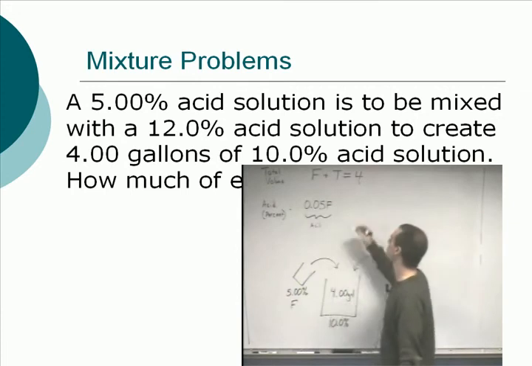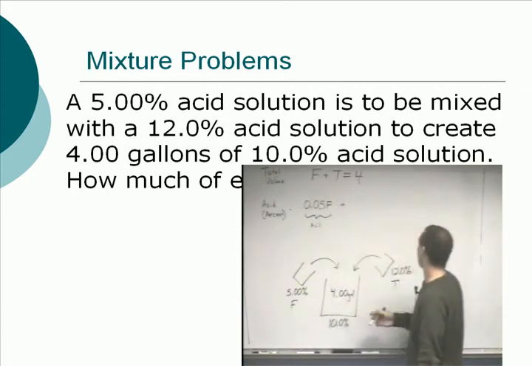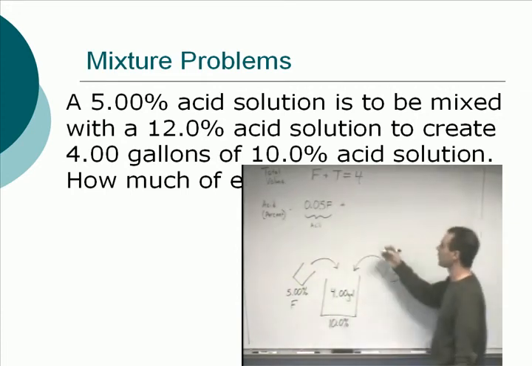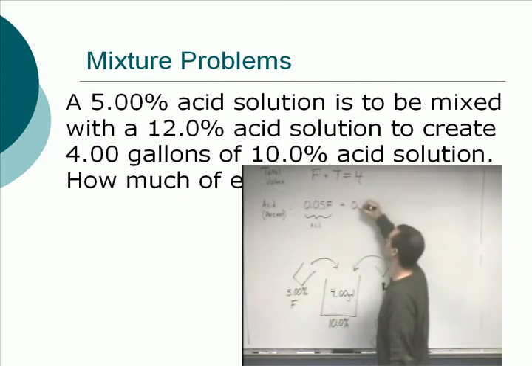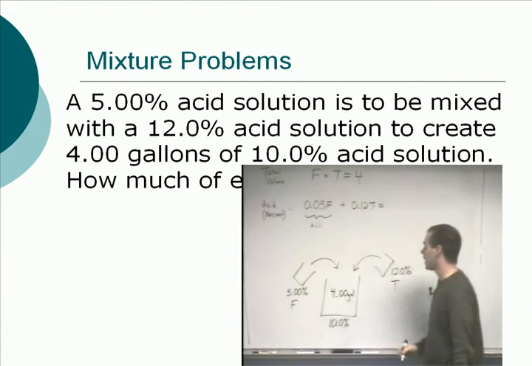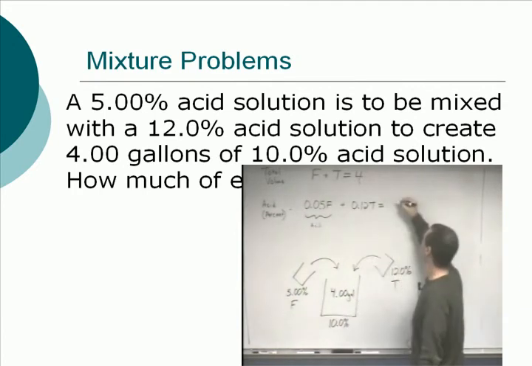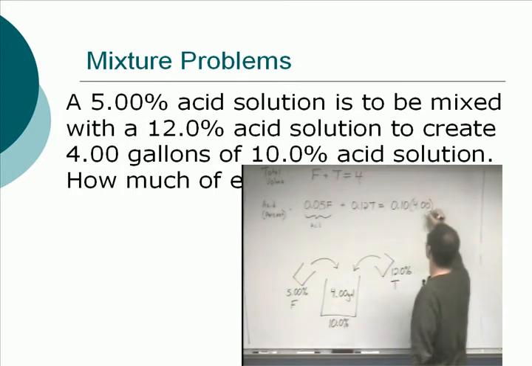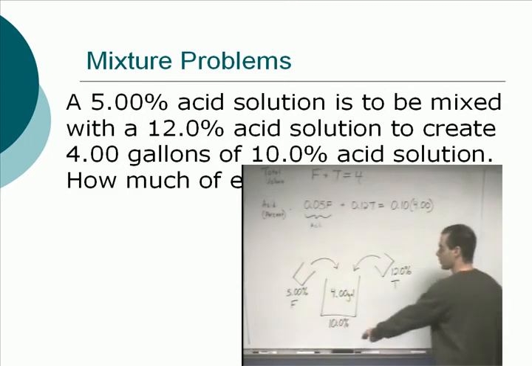The rest of it presumably is water. Plus, over here we've got a little bit more, 12% of however much T we have, equals, and down here we've got 10% of 4 gallons. And there's our system.